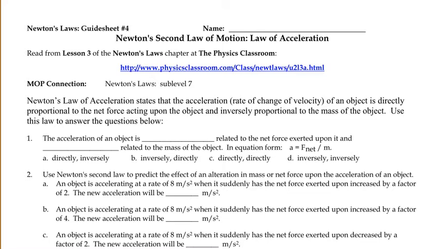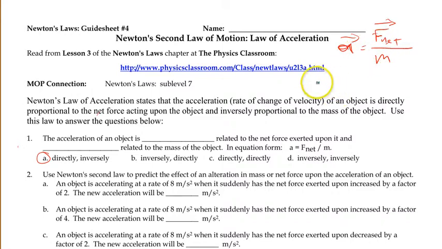Okay, so in number 1, the acceleration of an object is directly related to the net force upon it and inversely related to the mass of the object. So that would be letter A. In equation form, we can write that as a, acceleration, which is a vector, equals the net force divided by the mass of the object. Force is also a vector, so direction does matter in both of these cases.